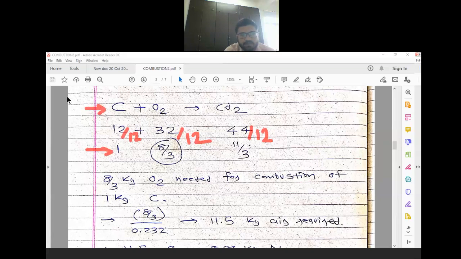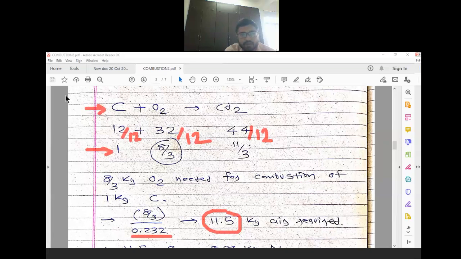Now we all know that this is the quantity of oxygen, but if we require the quantity of air, what do we have to do? We have to divide this 8 by 3 by 0.232. This is how we can find out the quantity of air required.